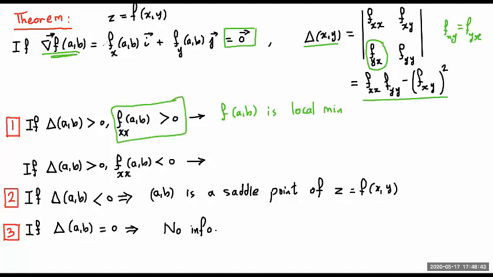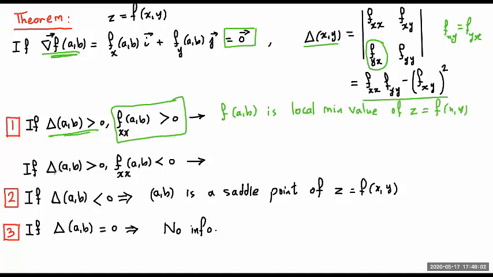The first condition is similar to the first derivative equals 0, and I have another, extra condition here. If this is satisfied, f(a, b) is a local minimum value of the function z equals f(x, y).